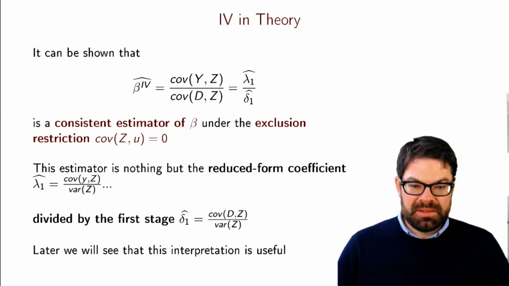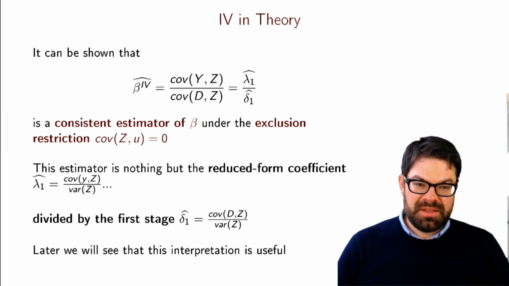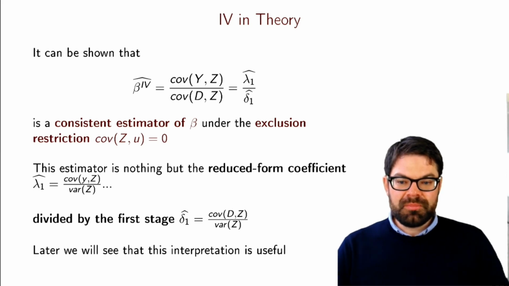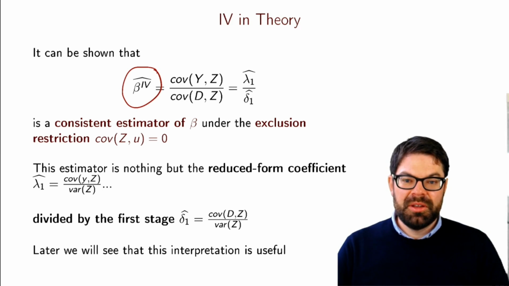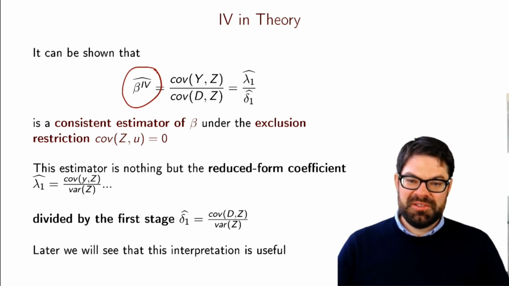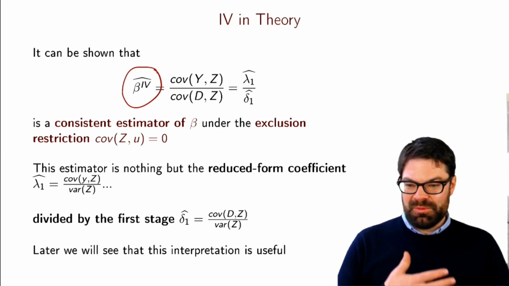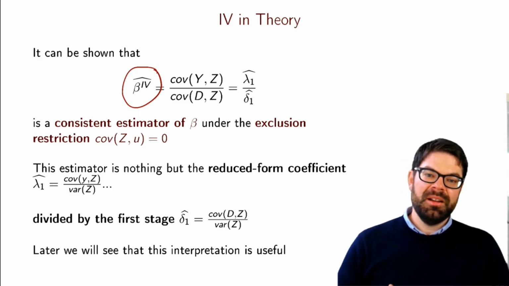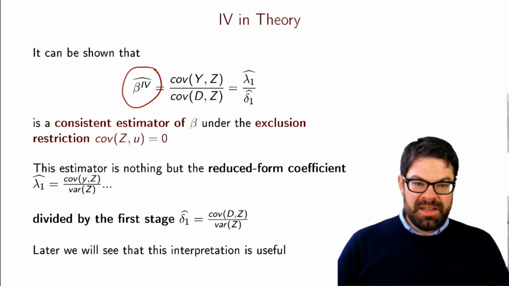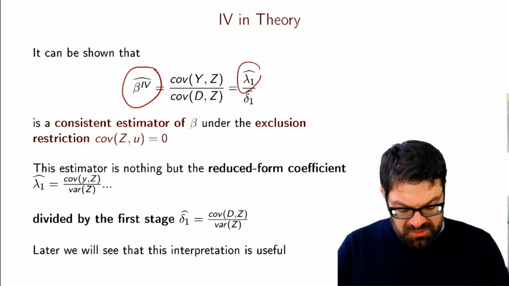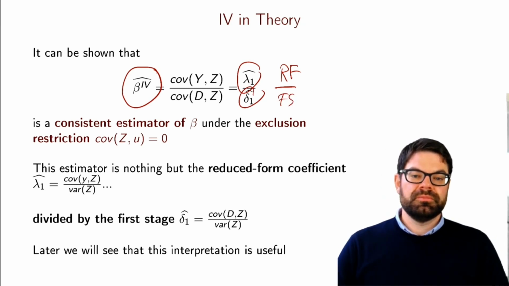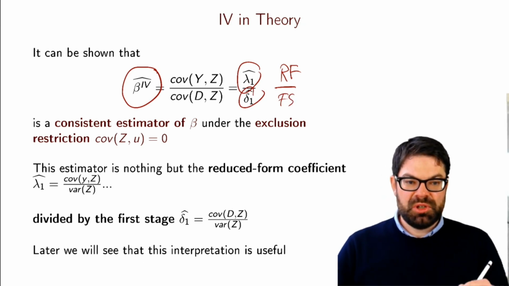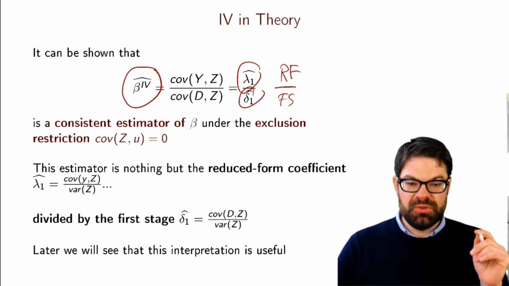So one important thing to notice here is that the IV estimator, beta IV, so the estimate that you would get when you run an IV regression in any statistical software, is nothing more than the reduced form divided by the first stage. And we will see later what the interpretation of that is and why this is so useful.